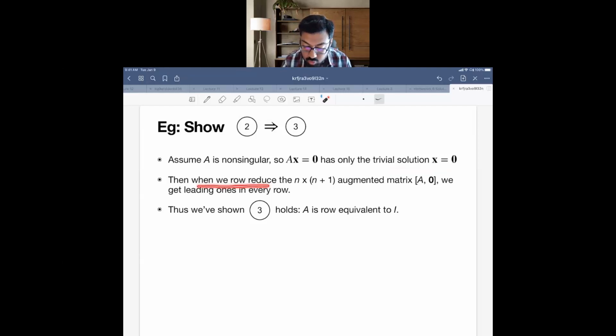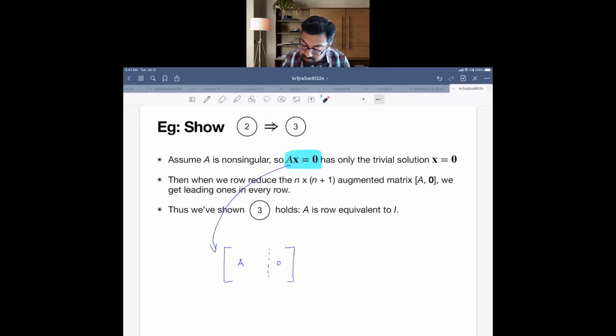Then we will try to row reduce the n by n plus 1 augmented matrix, which is A followed by 0. How do you solve this system of equations? We will look at A here, and then for the right hand side constants, you will have a 0.